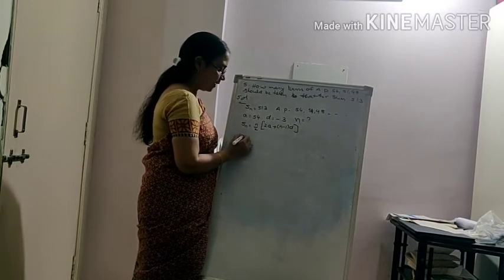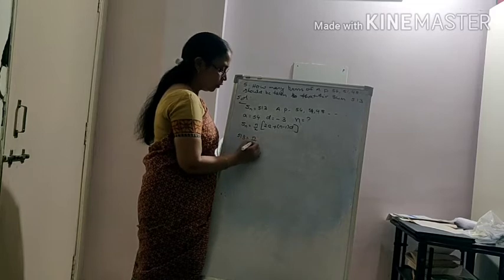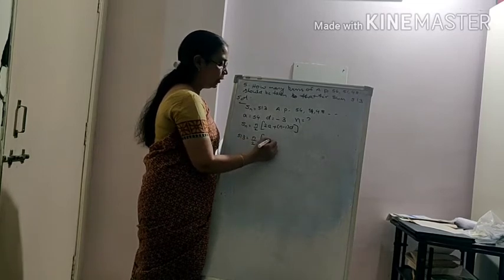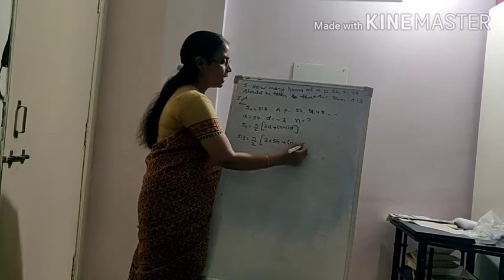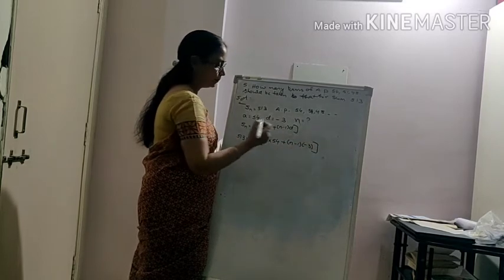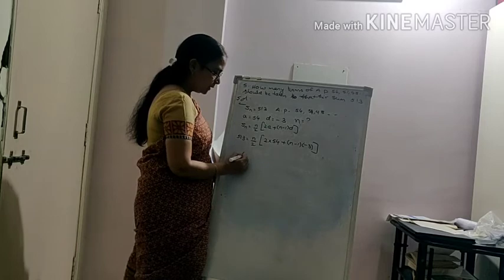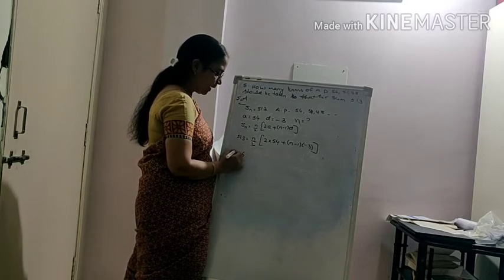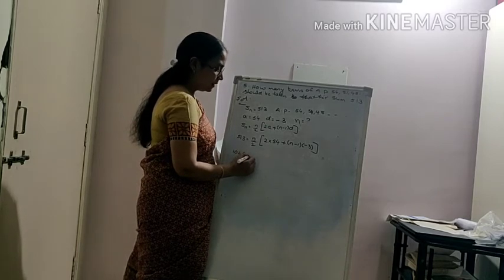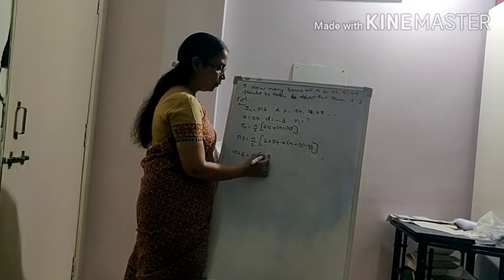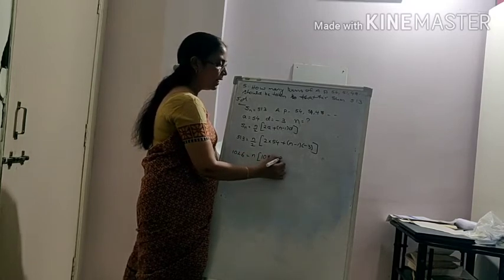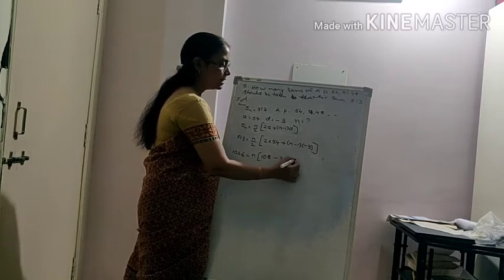This is 513. So 513 is equal to n by 2 into 2 into 54 plus n minus 1 into minus 3. 2 3s are 6, 2 1s are 2, 2 5s are 10, is equal to n into 108 minus 3n plus 3.